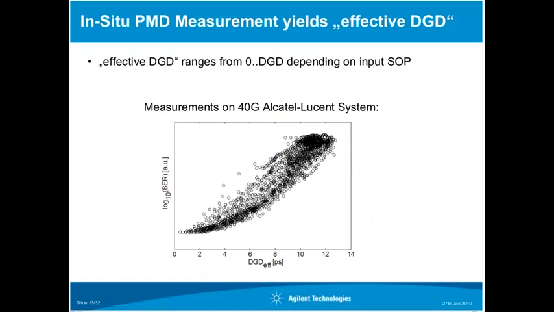So how does the effective differential group delay correlate with the signal quality? Therefore, we did experiments together with Alcatel-Lucent in Germany, and just for demonstration, we put some differential group delay on a link, and we changed the input polarization state.